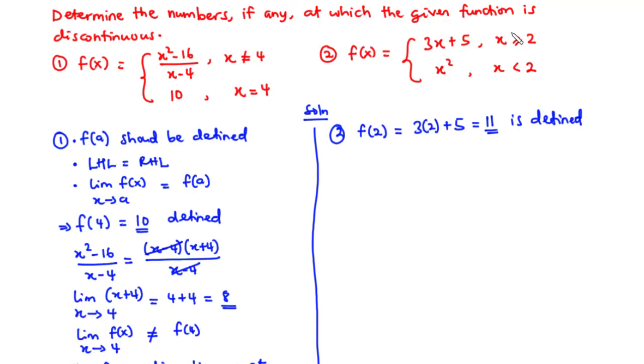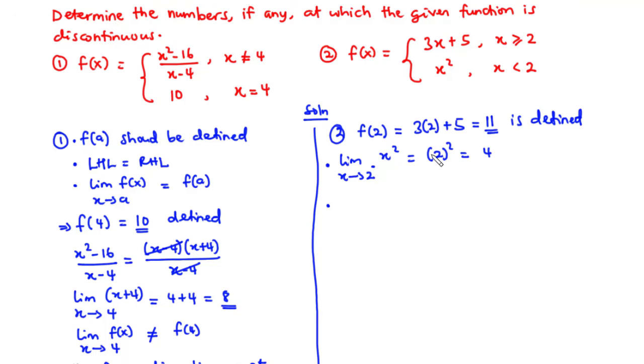Now, since we have greater than or equal to and then less than, we are going to find the left-hand limit and the right-hand limit. So for the left-hand limit, which function do you think we are supposed to use? Now, we are talking about the left-hand limit, which means that we are going to consider x less than 2, which is the function x squared. So the limit as x approaches 2 from the left of x squared is equal to 2 squared, and that is equal to 4.